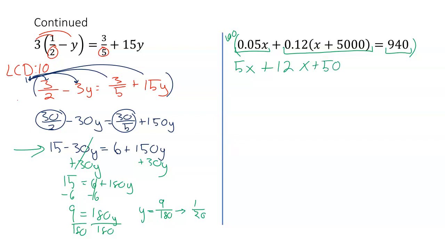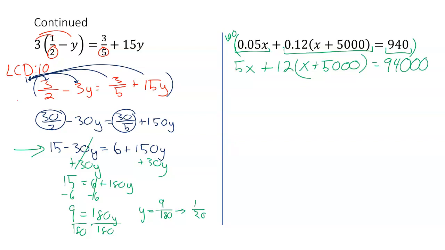That term already got multiplied by 100, so the x and the 5,000 don't change. And then 94,000 when I multiply by.